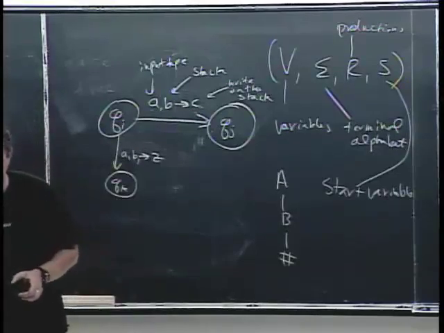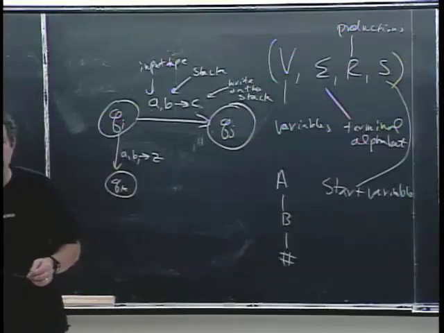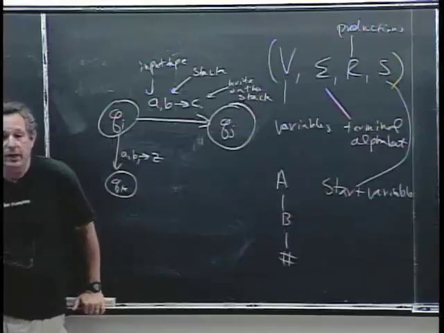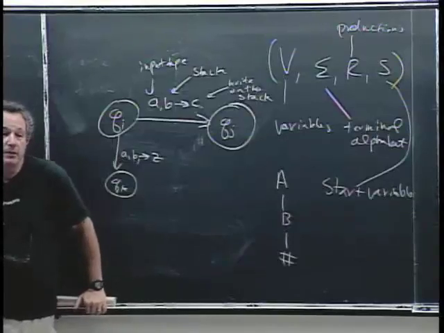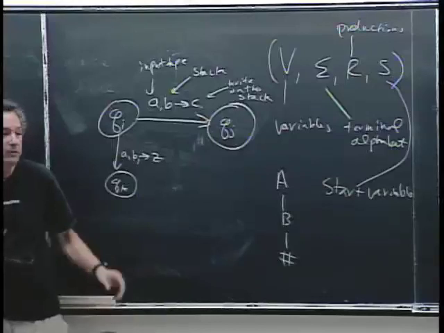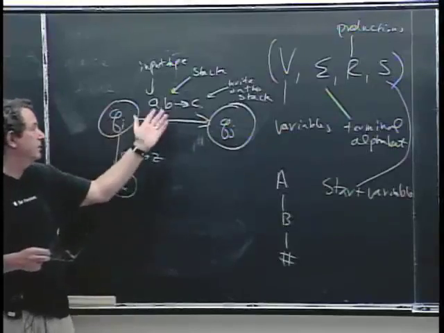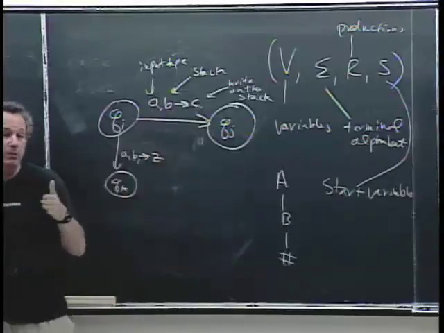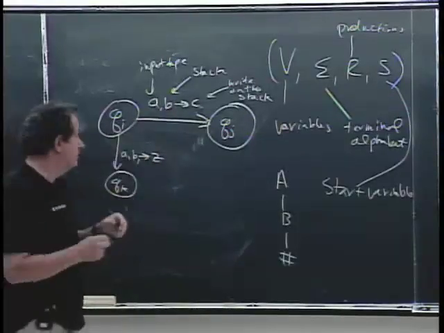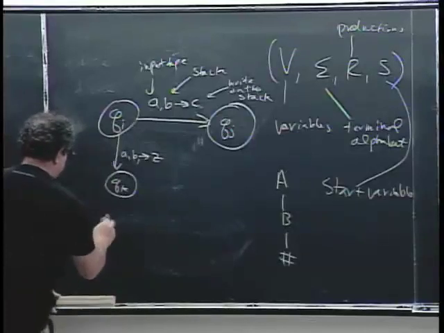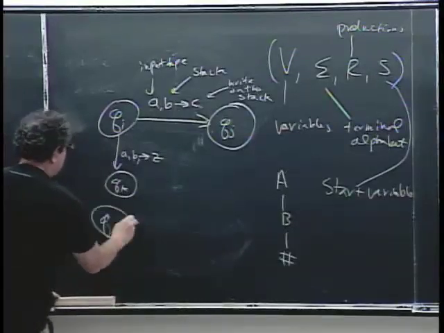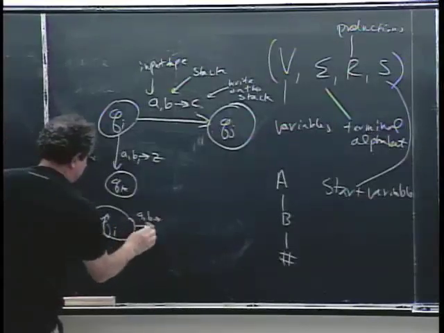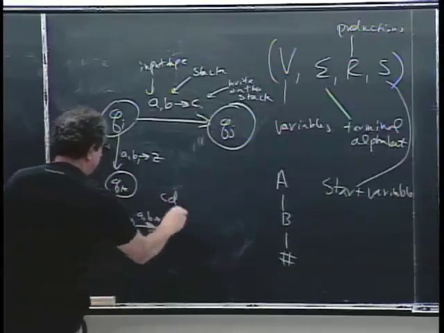Can you write multiple characters to the stack in one transition? Can you have A, B go to C, D? No, that's not a formalism that's allowed, but you can implement that if you really wanted to. So if you got to a particular state and based on what you read, you decided you want to put multiple things on the stack, then what you would do, let's say, Qi goes A, B, and let's say we want to actually put C, D on the stack at that point.